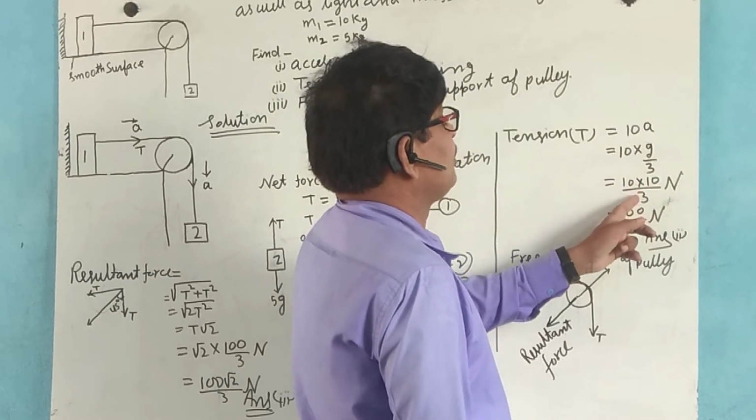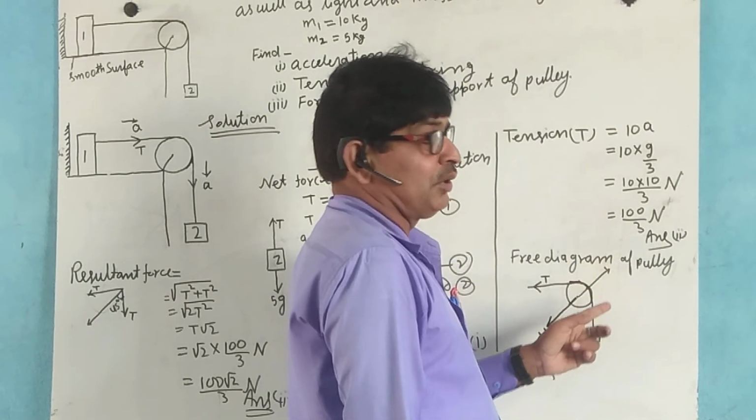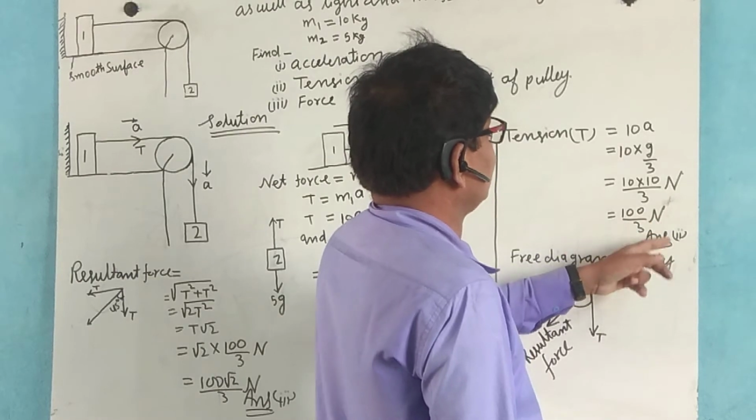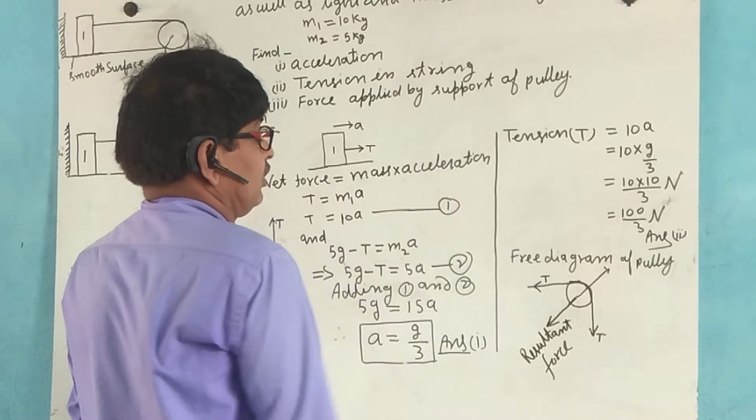So T is 100 by 3 newtons. Tension is a particular type of force, so 100 by 3 newton. This is the second answer, the tension in the string.